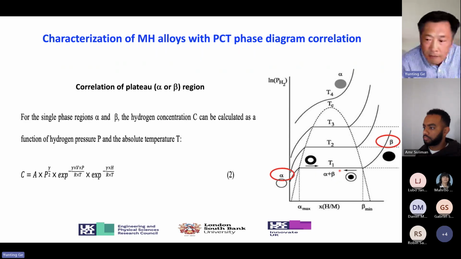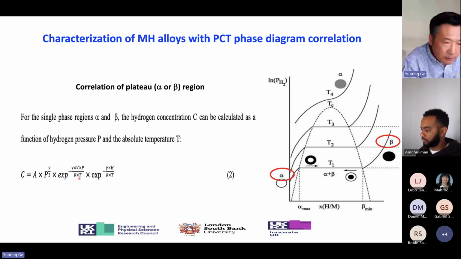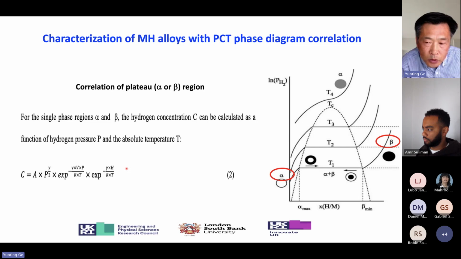And for the alpha and the beta regions, you can see the curves are similar, so we use a similar formula to model the PCT profile in these regions. But there are some coefficients. For this formula, the A and the gamma, and also the V and the H. These coefficients will be correlated by comparing the modeling result with the measurement.